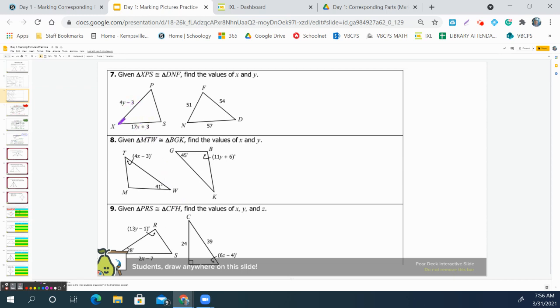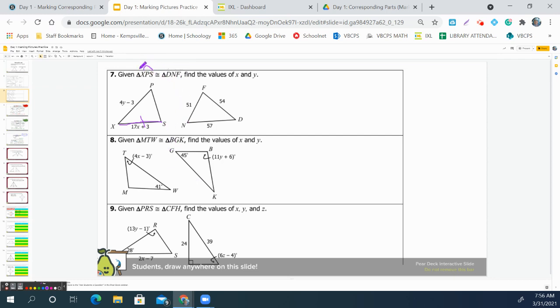Well, if I'm trying to find X, I'm looking at this side, XS. What goes with XS in the other triangle? It's tempting to just visually look at this and say that they've been reflected essentially over the y-axis. But you always want to look up here.